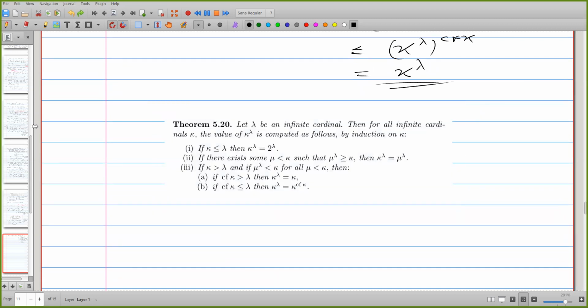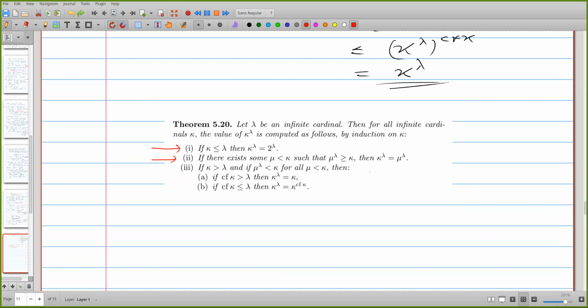If we have an infinite cardinal, then we can calculate the value of kappa to the lambda recursively as follows. This we know. We have known it for a long time. This has the same proof. If mu to the lambda is bigger than or equal to kappa, then kappa to the lambda is mu to the lambda. And that means if we want to calculate kappa to the lambda, we have to calculate mu to the lambda. Fine. Okay, we go one step down.